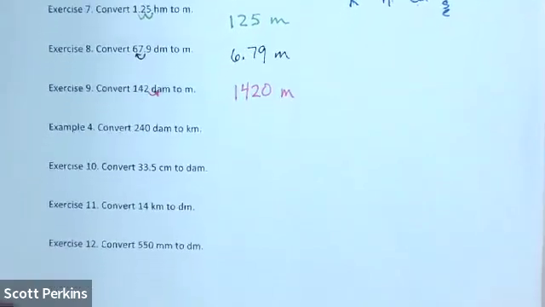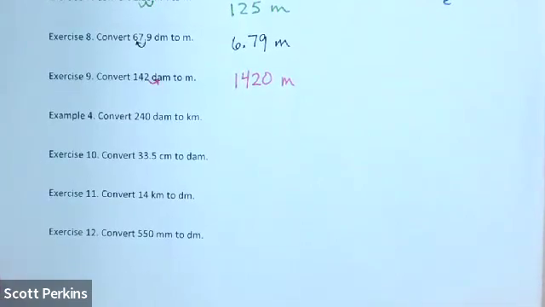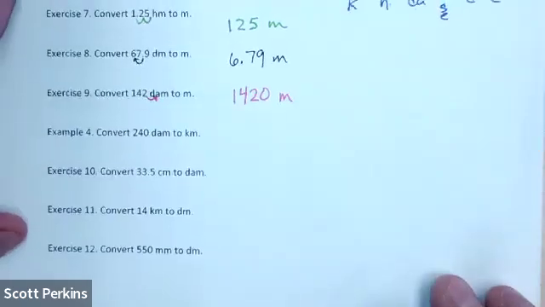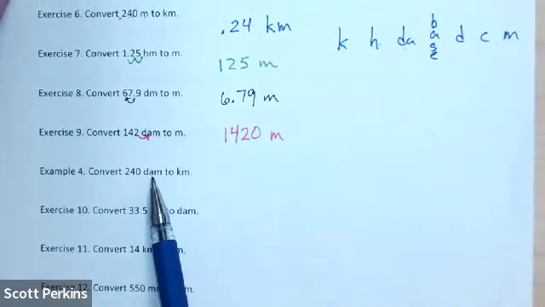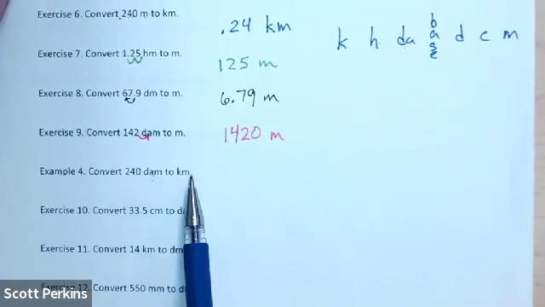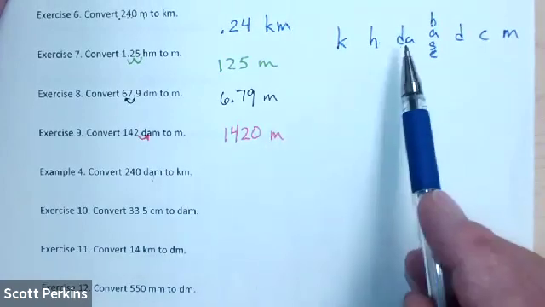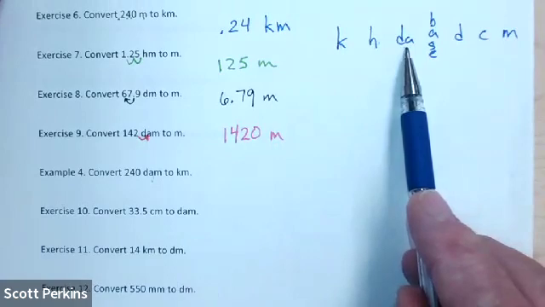But so example 4, I'm going to do this one. Now I'm converting between different prefixes. So I'm going to convert from 240 decameters to kilometers this time. So again, here's deca right here, the DA. Which way am I moving to get to kilometers from here?